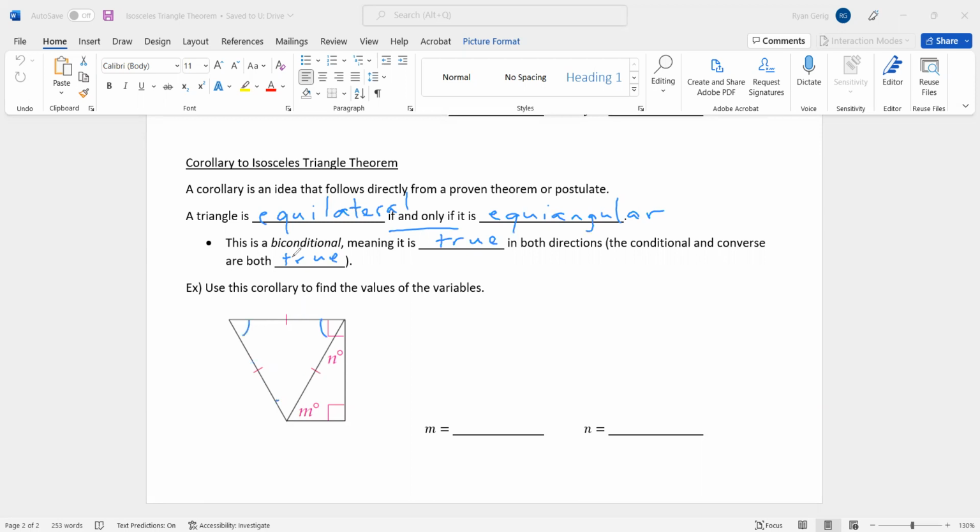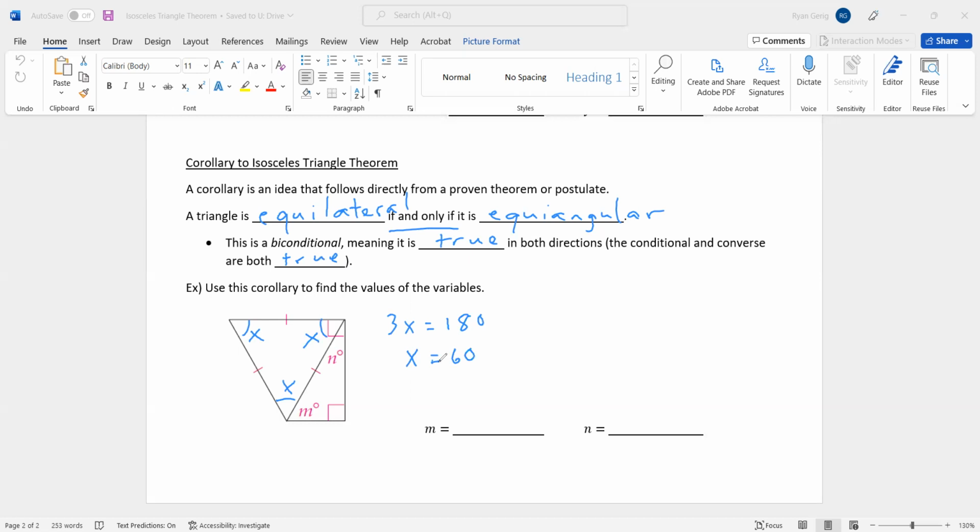So these three angles are the same as well. Let's just call them x. Well, then that's 3 x's, right? And they have to add up to 180. So I divide by 3, I get each angle is 60. Okay, now that's not m or n, but it gives me 60. Now I can go in and find m and n.